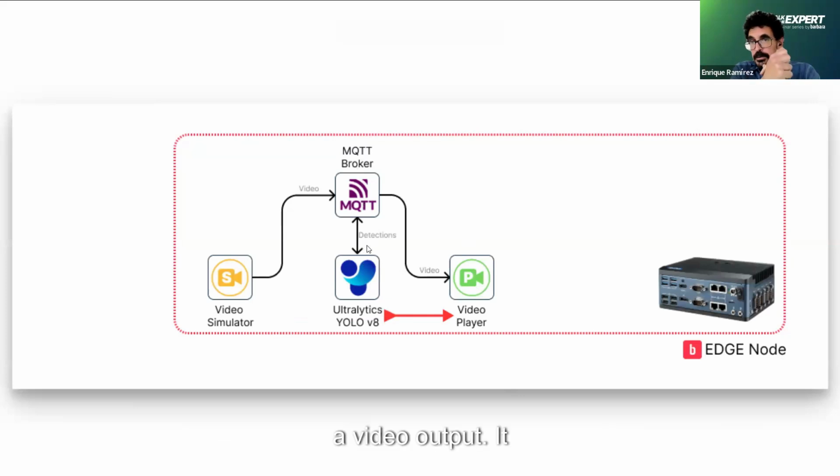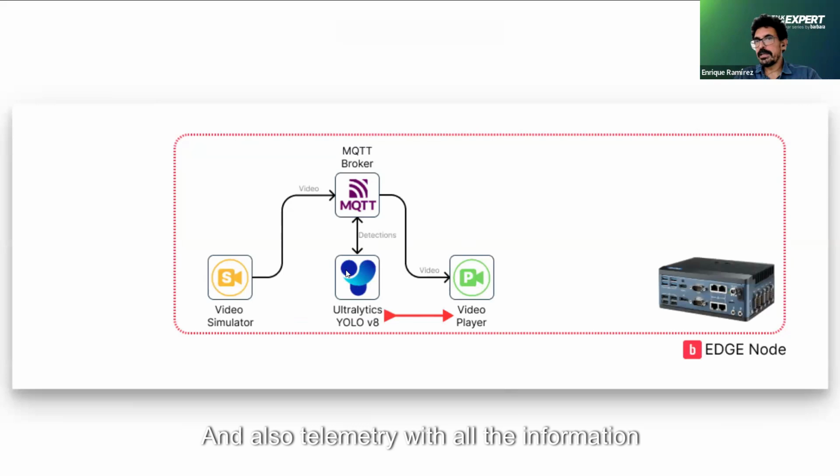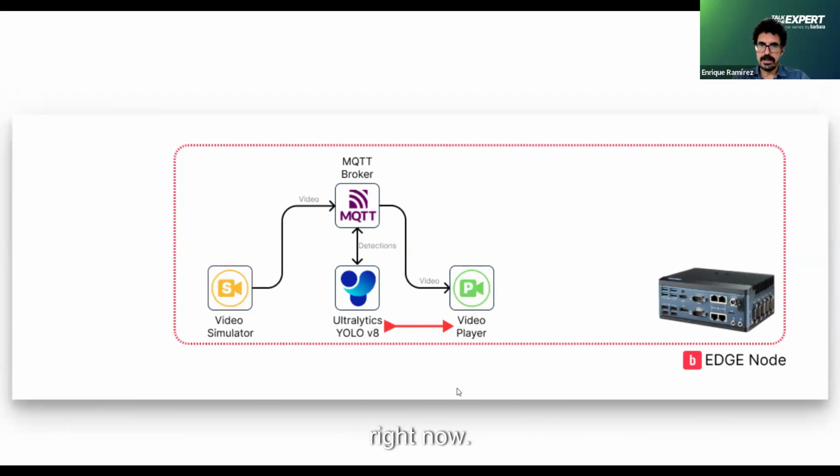A video output, which is the original video with the detected objects on it, a new video containing the detection that we will be able to visualize here, and also a telemetry with all the information in JSON format, prepared to be stored in the database later. So we will deploy it, and we will check the detections on the video player. That is the next step we're going to do right now.